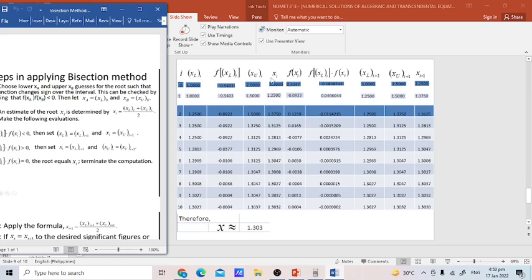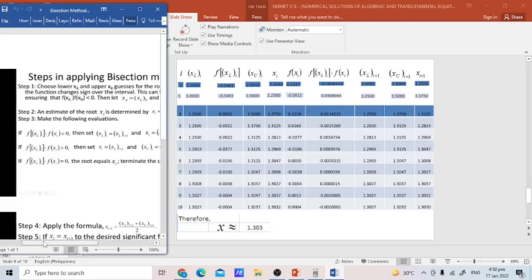Now, we will multiply f of x sub li and f of x sub i. So here, negative 0.5403 multiplied by 0.3347. So it's negative. Now, if it is negative, what do we do?